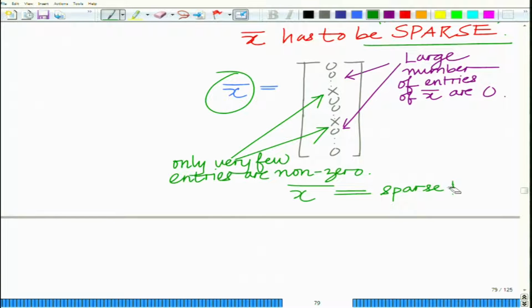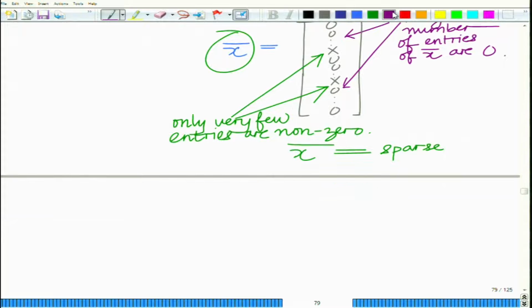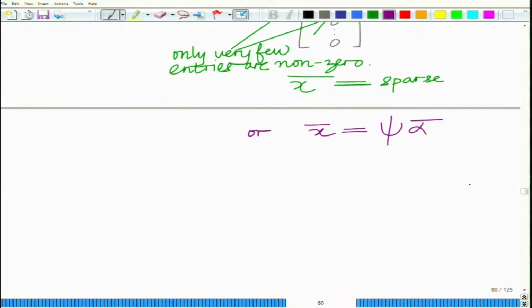Or, alternatively, and this is typically what happens, x bar equals some matrix psi times alpha bar.